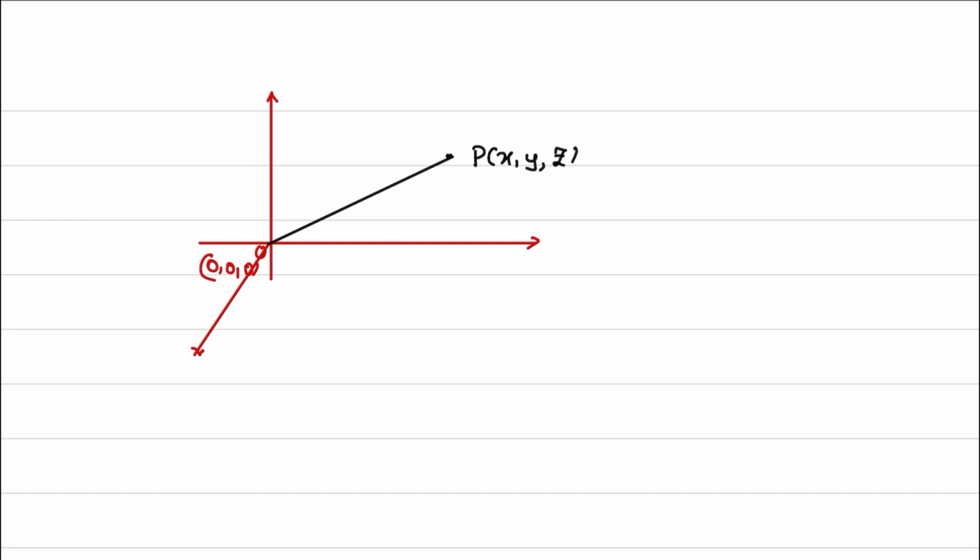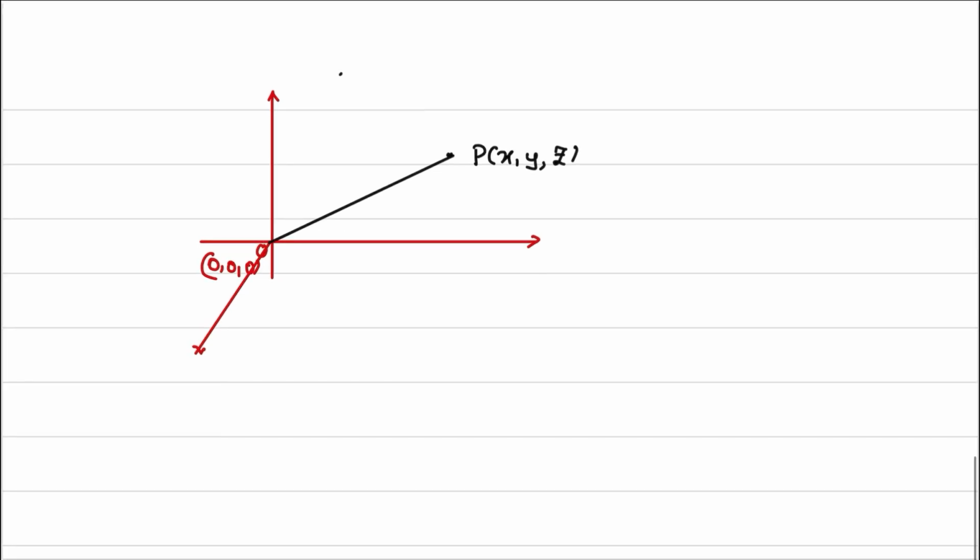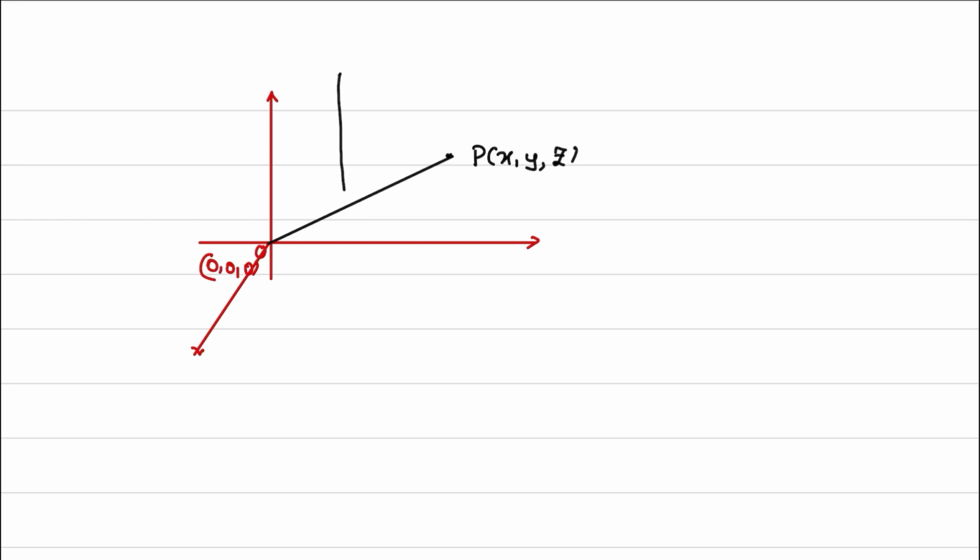In the school itself, there is a hostel and my friend has chosen the origin as his hostel room. It is the origin, hostel room. This is y, this is x, this is z.